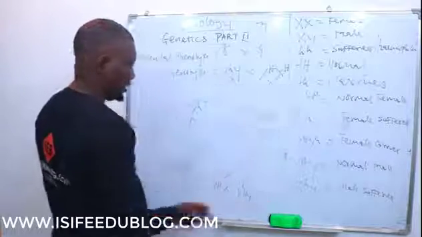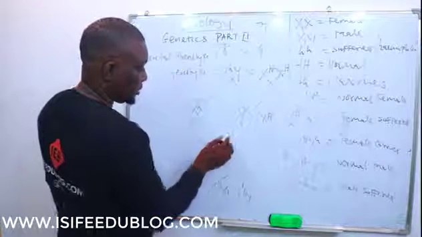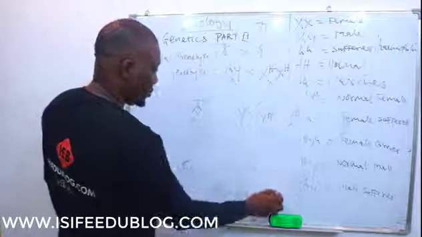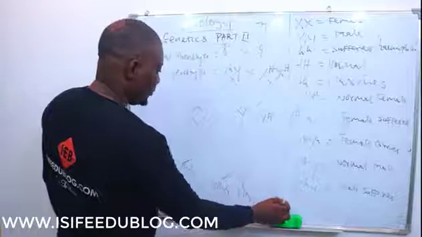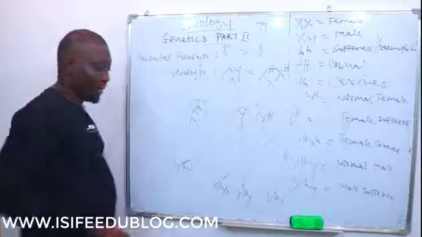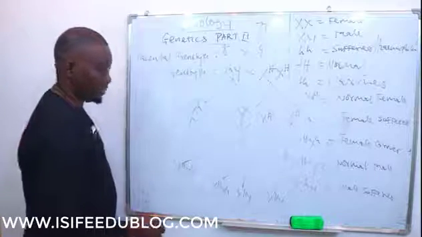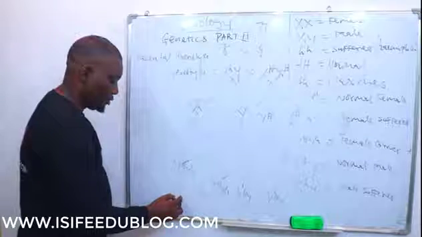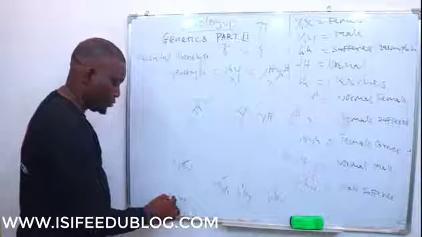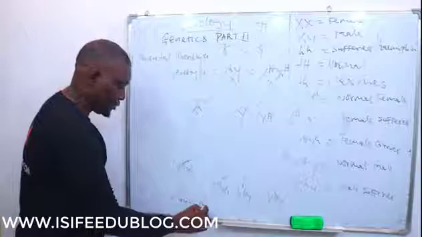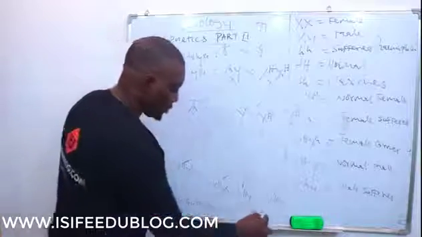Check analysis here. And this is also a boy. The boy is normal. So the outcome we have here is 2 carrier girls and 2 normal boys.